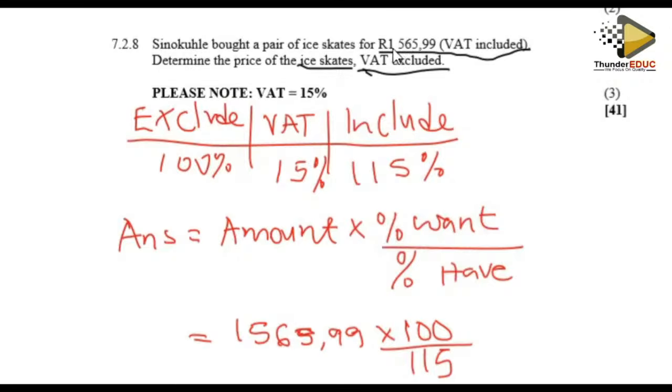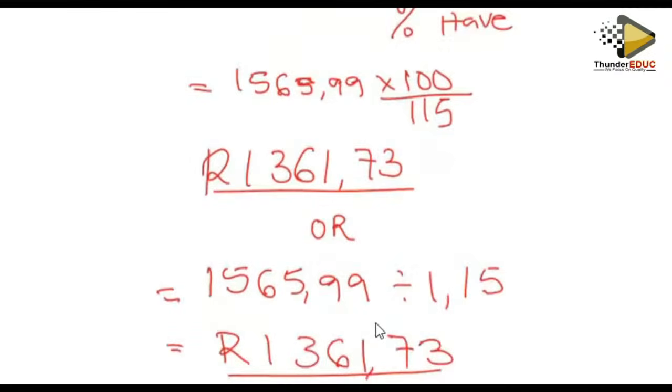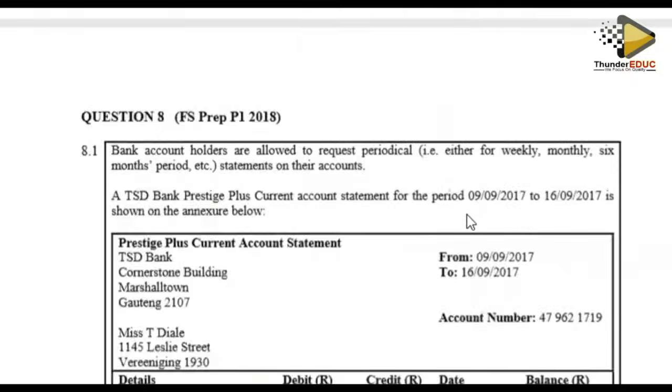What I have in this scenario is VAT included. So when I come to my table here, VAT included is right here. That's why I have 115. Then I put it in my calculator and get the answer. The other method is that, because we are excluding, we divide by 1.15. All right.